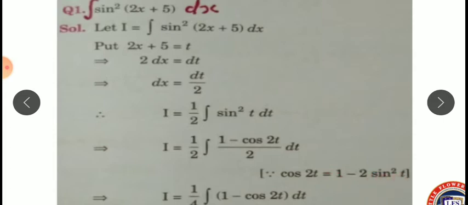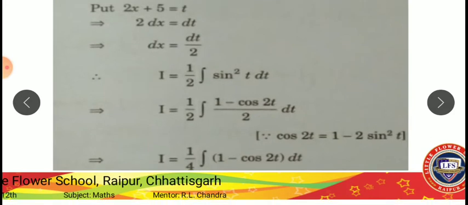By using this formula, we can write I is equal to 1 upon 2 integration, where sin square t is replaced by (1 minus cos 2t) upon 2. Now separating the terms, I is equal to 1 upon 4 integration (1 minus cos 2t).